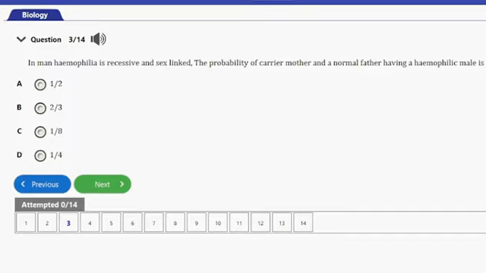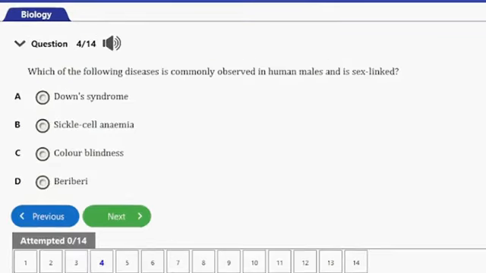The answer to this question will be option A. So the probability of the child actually being a carrier is 1/2. That's like 2 out of 4 being carriers, and 2/4 is the same as 1/2. So that's the answer to this question, option A. Let's go ahead and check out the next question.